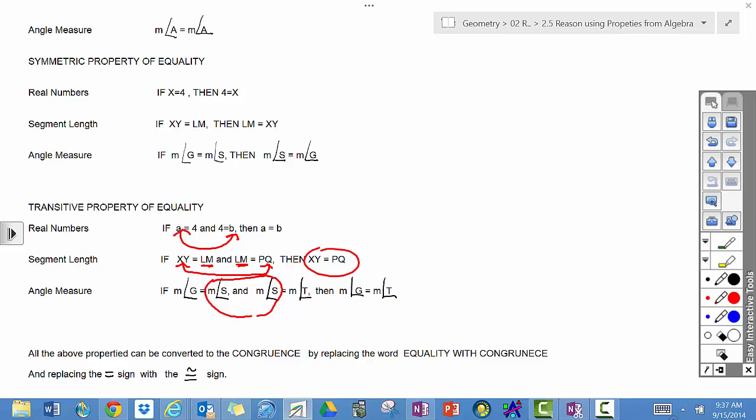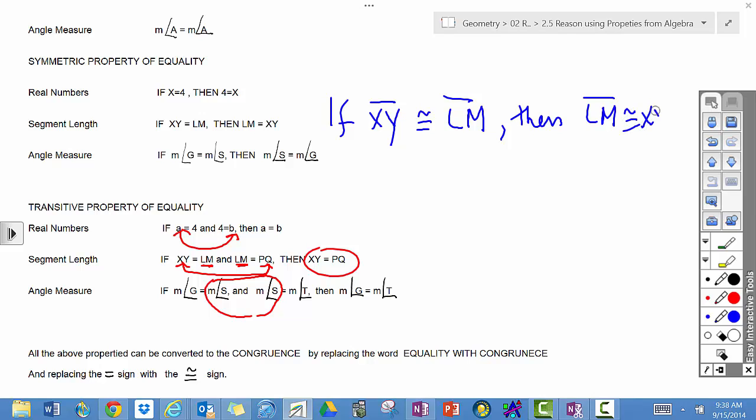So if we wanted to convert this one to symmetric property of congruence, then we would say if segment xy is congruent to segment LM, then segment LM is congruent to segment xy. And so in all of them, all you would do is replace the equal sign with the congruency sign. Otherwise, it's exactly the same.